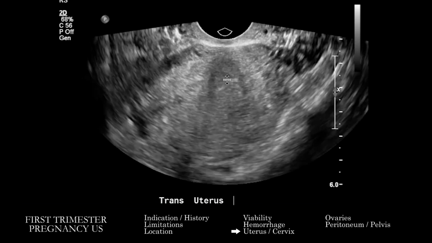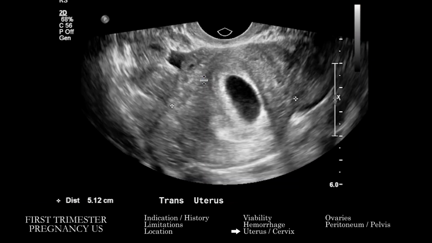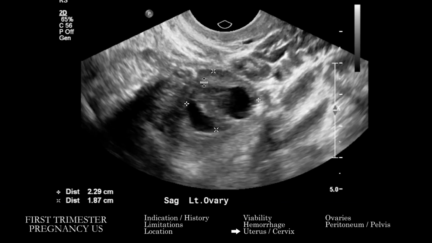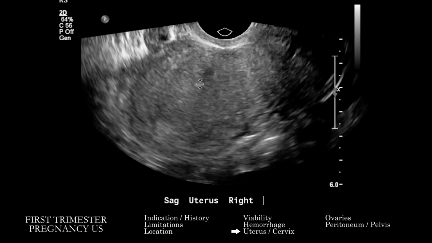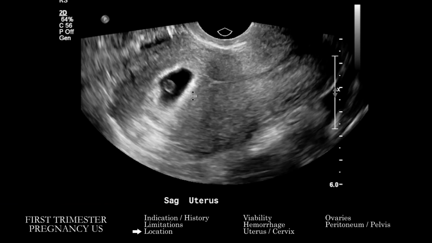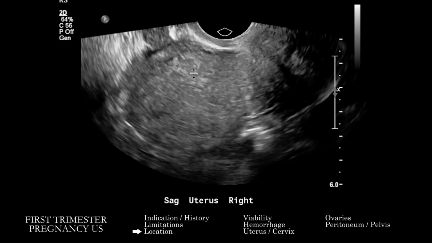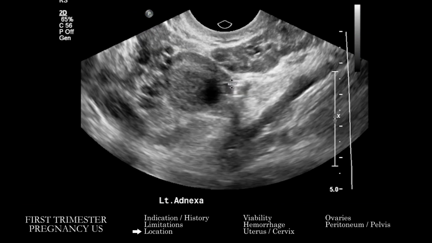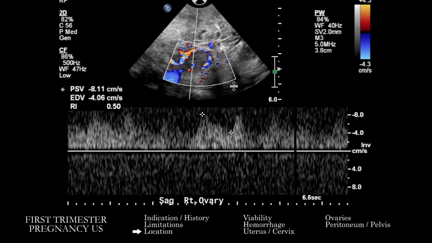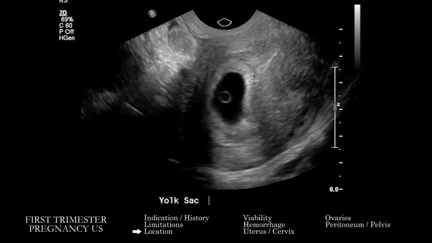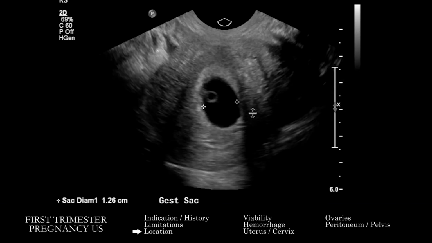But once you've done the usual look at the uterus, the major focus of this exam is to localize the pregnancy, and here we can already see, although we haven't measured it yet, and let's go forward to see where we do get that, and we'll come back to the remainder of this with anatomy, finding where is the pregnancy.